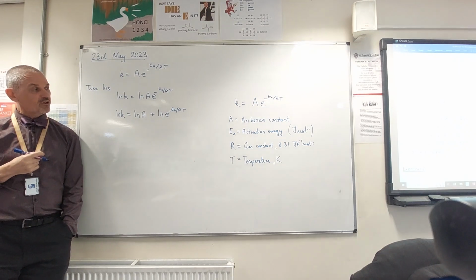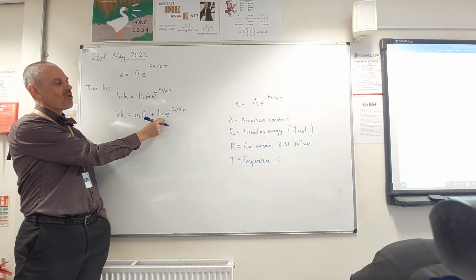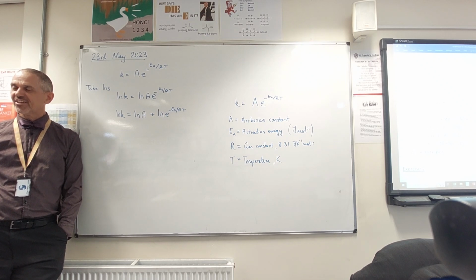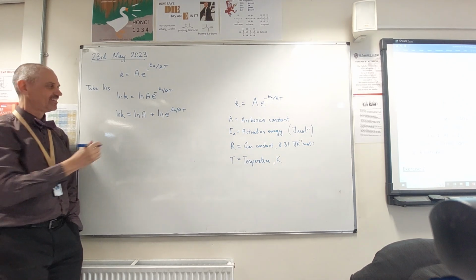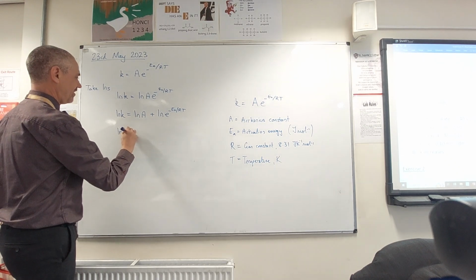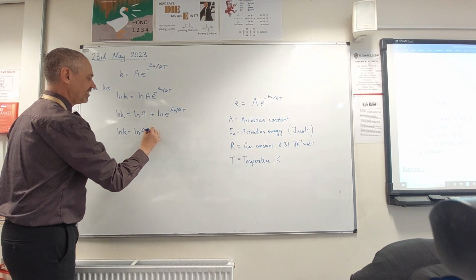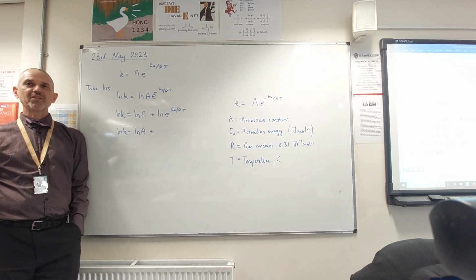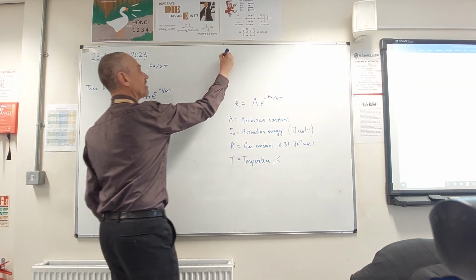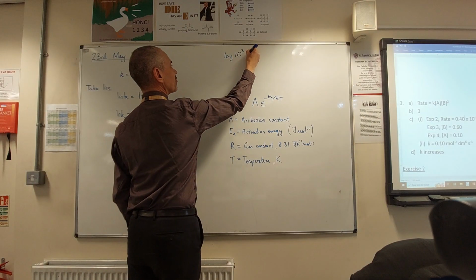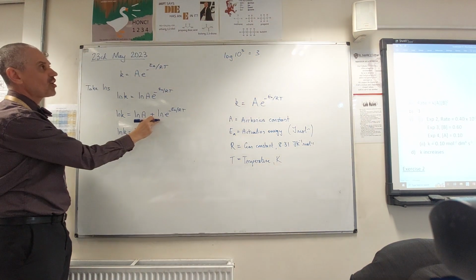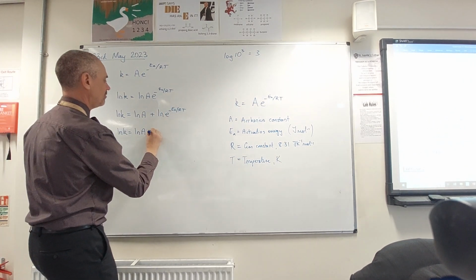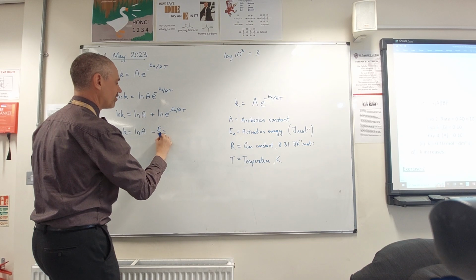Now the other important log rule here is if I have log of e to the something, then it's equal to the something, exactly right. If I had log of 10 to the 3, I had it up here, didn't I? Log of 10 to the 3 equals 3. If I have log of e to the minus Ea over RT, it's just minus Ea over RT.